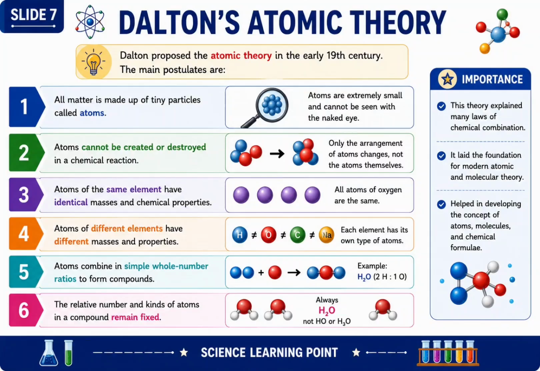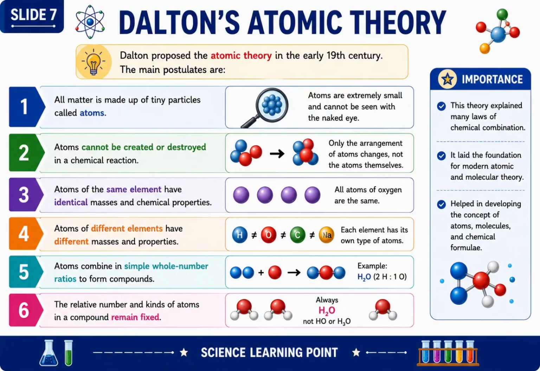He also said that during a chemical reaction, atoms are not simply created or destroyed, they are rearranged. He believed atoms of the same element were identical while atoms of different elements were different. He also said atoms combine in simple whole number ratios.